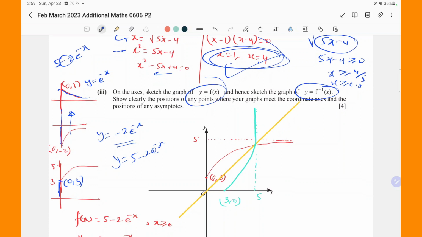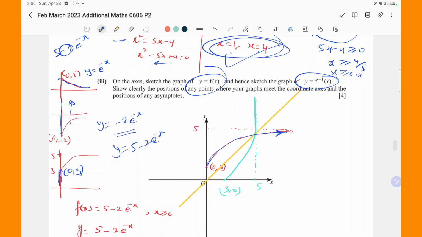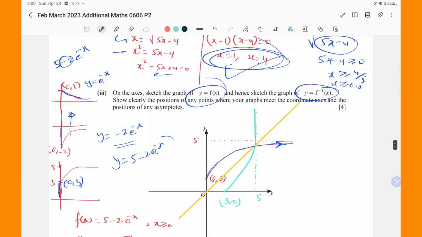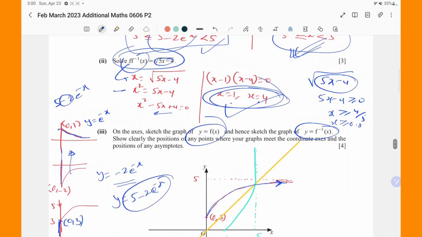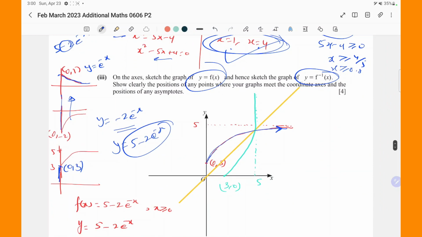Okay, great. So now I have this. This is my curve, which you can see here. Now we already know that the range is 3 to 5, as we found already. Now we have to draw the image of f inverse x.